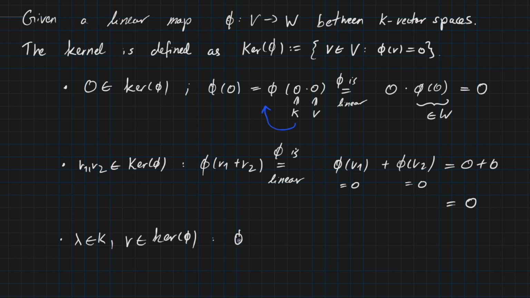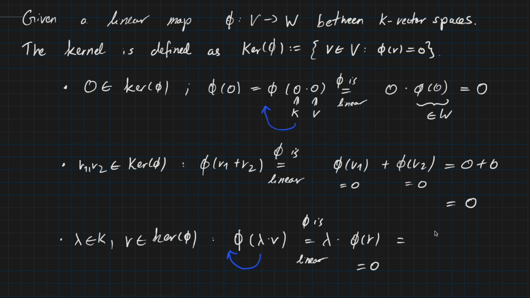So let's apply phi on lambda times v. And again, we can take out lambda. So we have lambda times phi of v. And this is true because phi is linear, of course. And because v is part of the kernel, this is exactly 0.